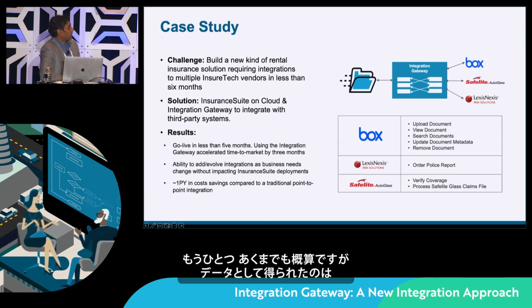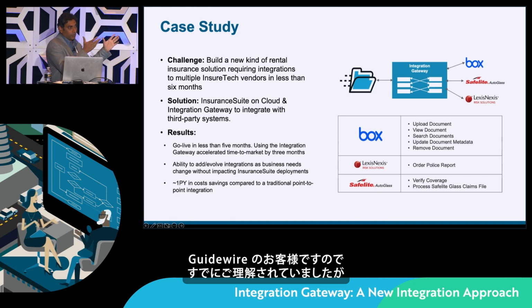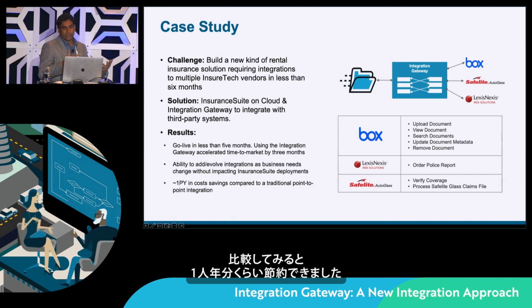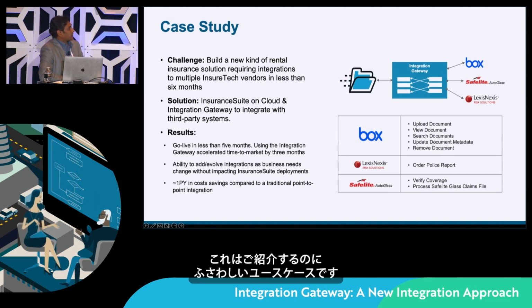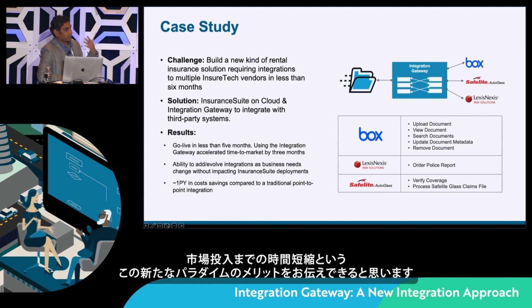Another data point we got from them, again roughly, was 1 person year savings using the Guidewire Cloud architecture and Integration Gateway as opposed to the traditional architecture. Because they were a Guidewire customer, they knew what it takes, but when they compared, they said about 1 person year savings. This is a great use case to share because as you are evaluating our solutions, you can think of this new paradigm because it helps you get faster time to market.